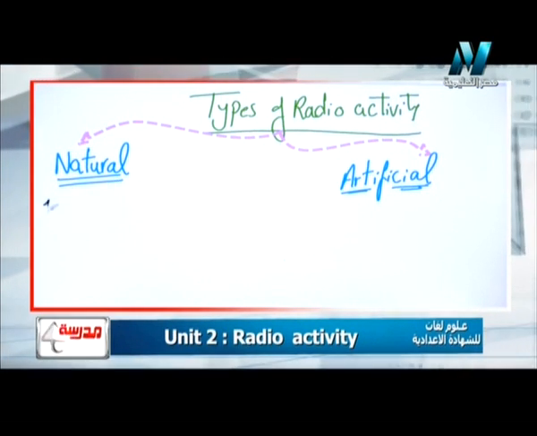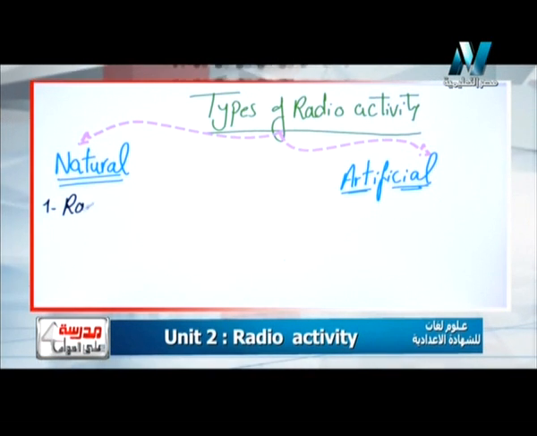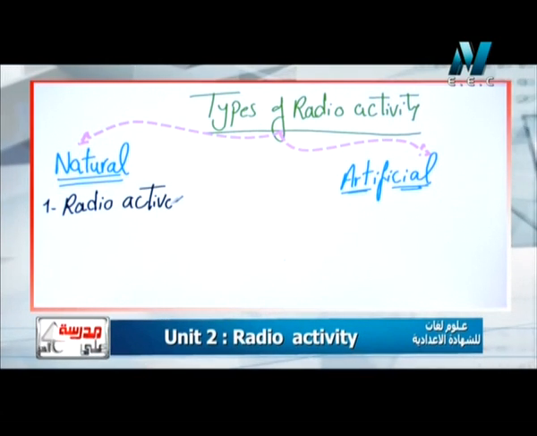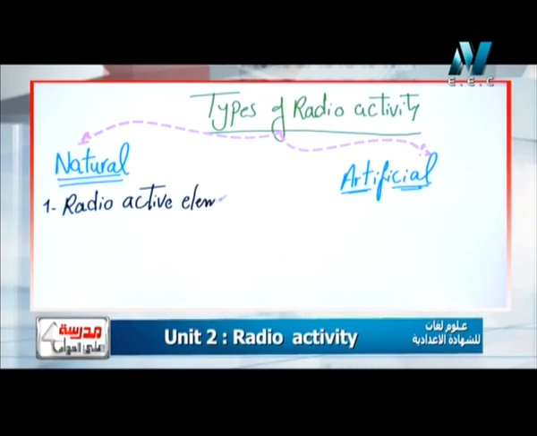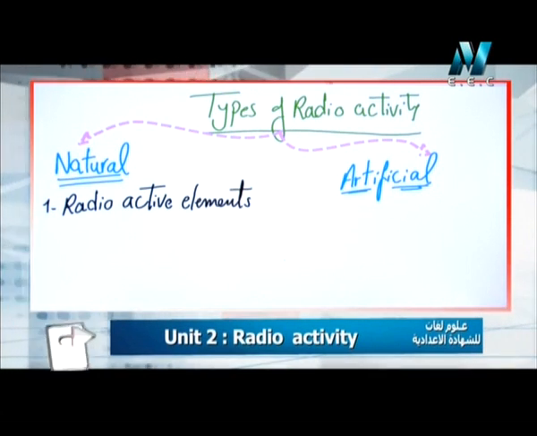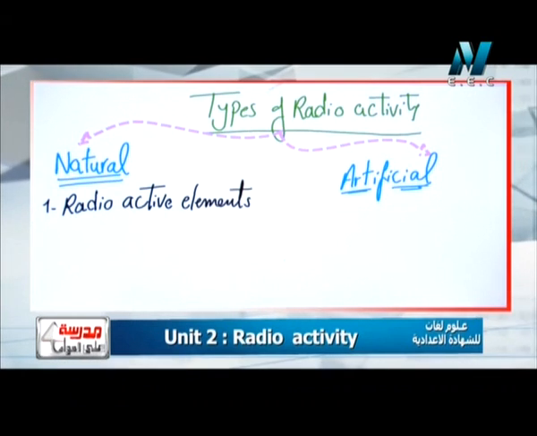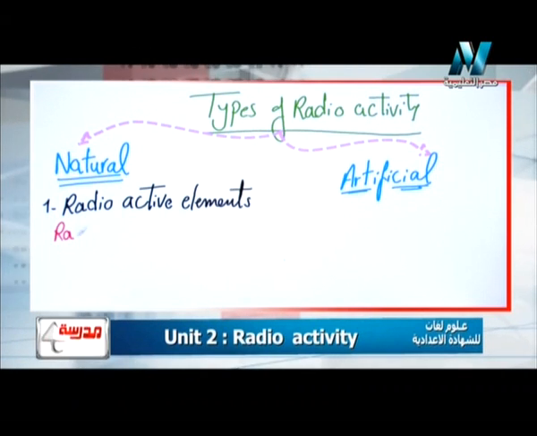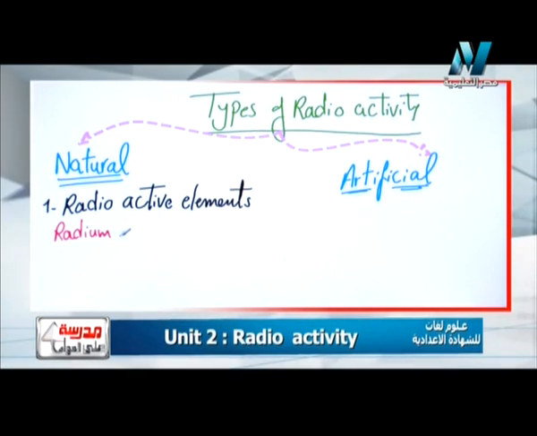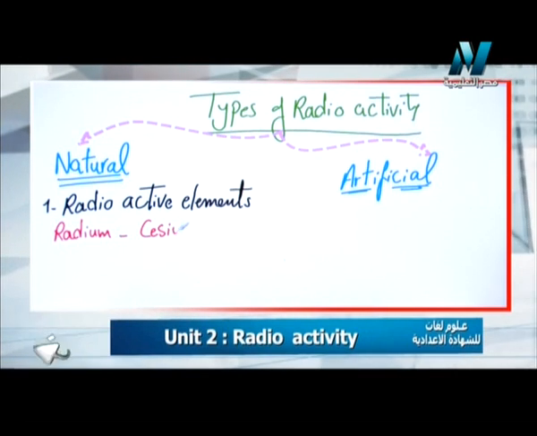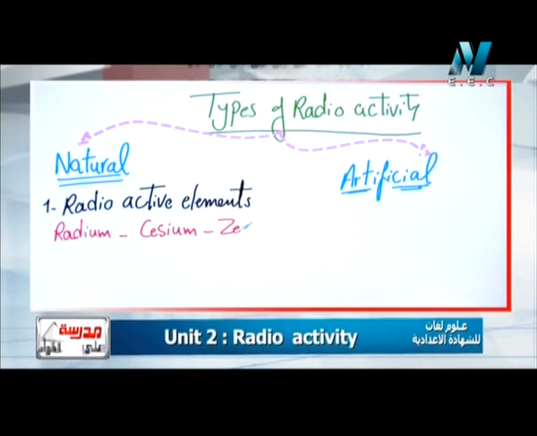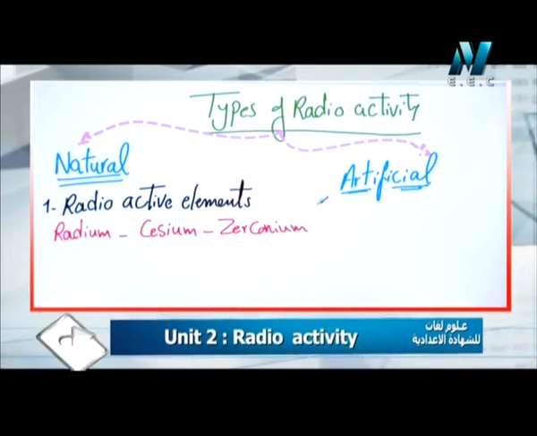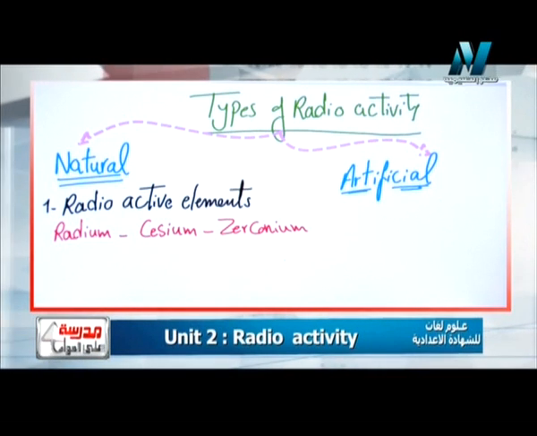Number one, natural, we have, for example, radioactive elements. Here, radioactive elements, as, for example, radium. We have examples: radium, cesium, zirconium, selenium, rubidium are called radioactive elements.